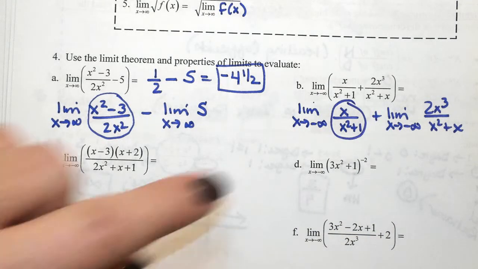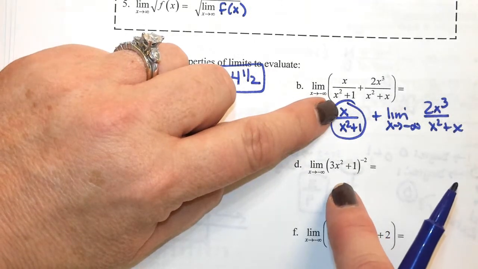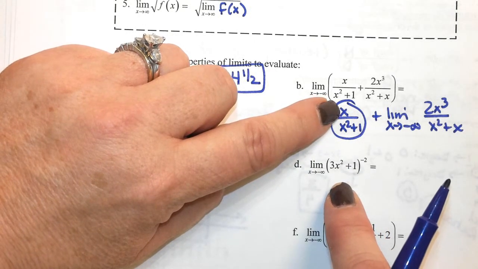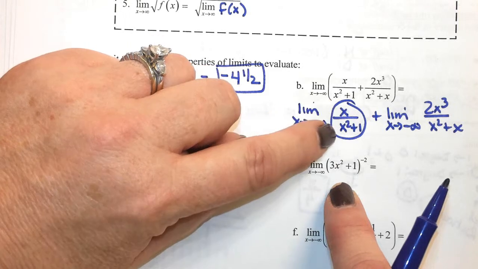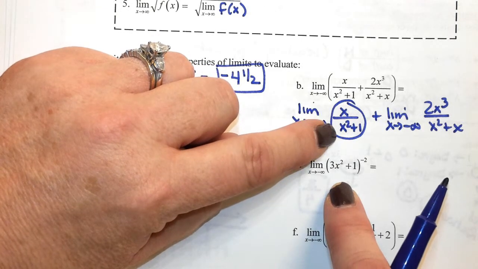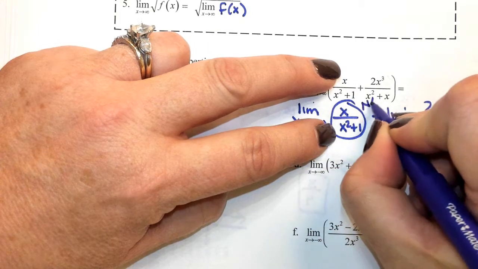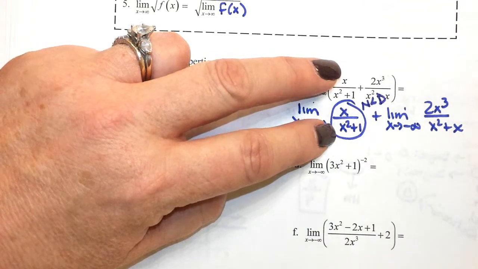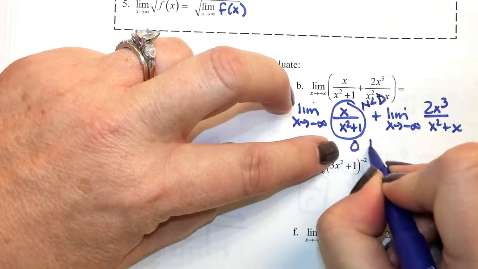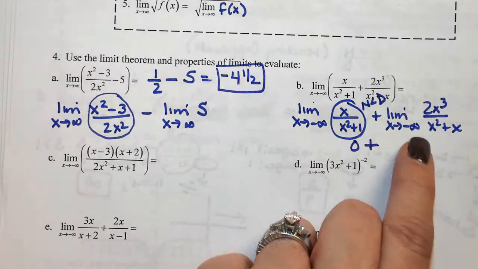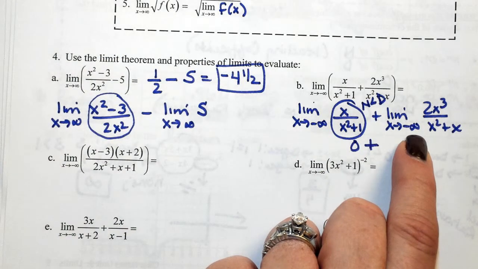Looking at this first one, the degree of the numerator is 1. The degree of the denominator is 2. When the degree of the numerator is less than the denominator, what's the horizontal asymptote? 0.